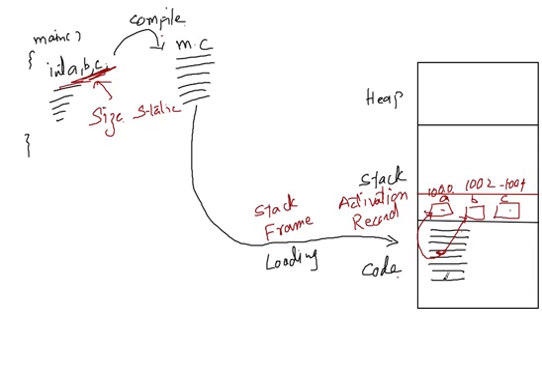So one thing we understood is that stack memory can be accessed directly by using addresses. The second thing we understood is that the size of the stack memory is static.